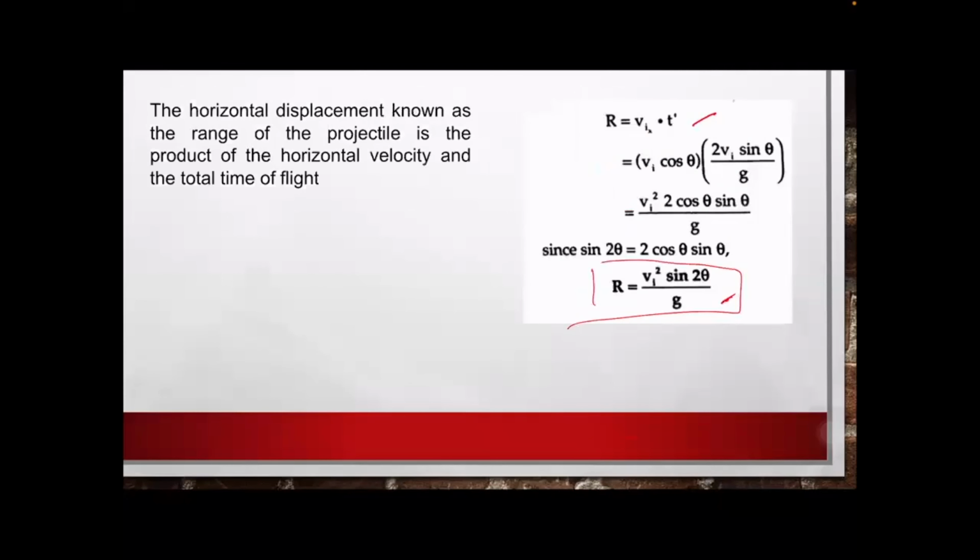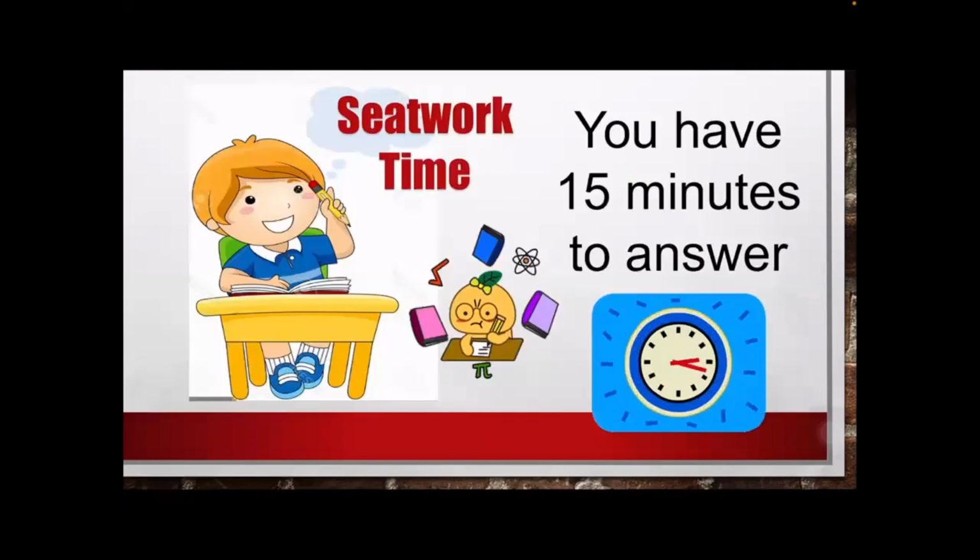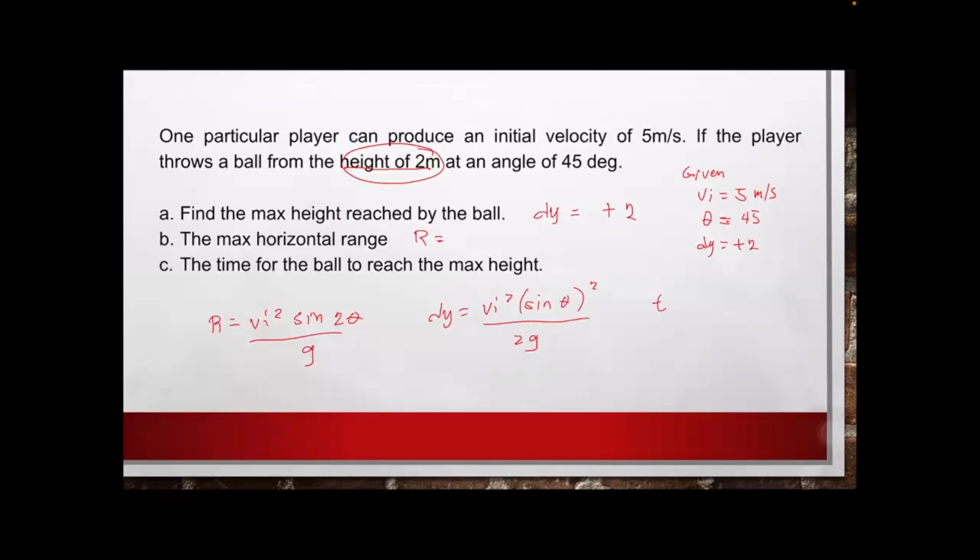For your time, ang gagamitin yung formula ay t is equal to Vi sine theta over g. Now, bakit walang 2 sa unahan? Kasi the time for the ball to reach the maximum height. Yung maximum height lang. Yung kung may parabolic siya, yung dito lang.